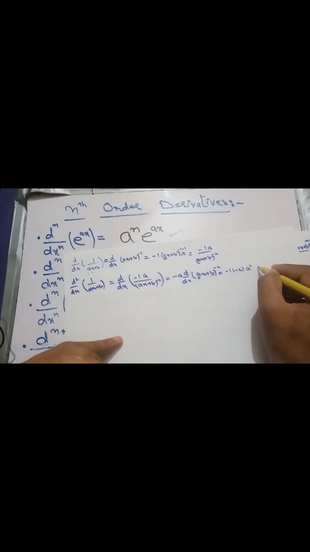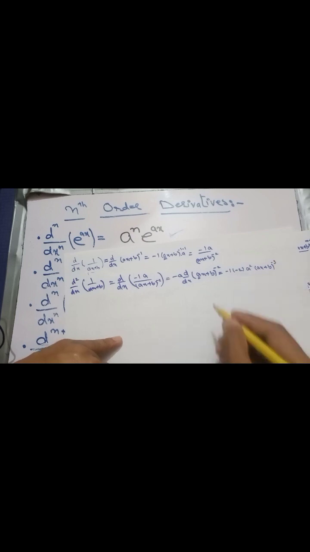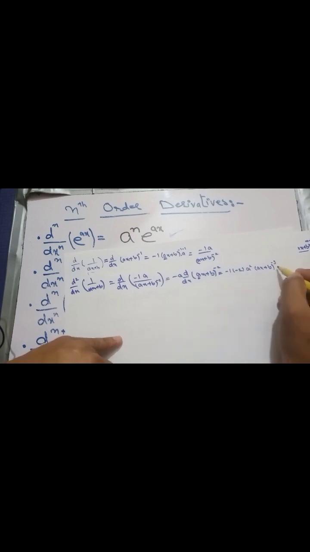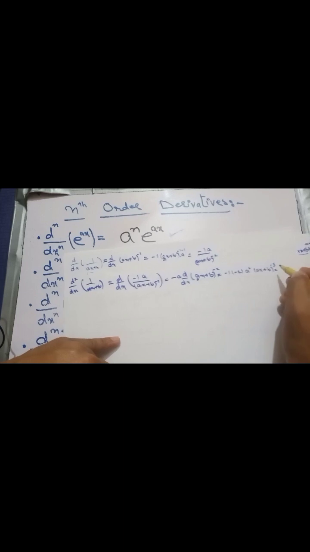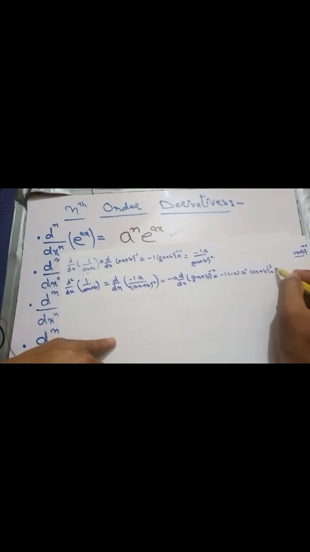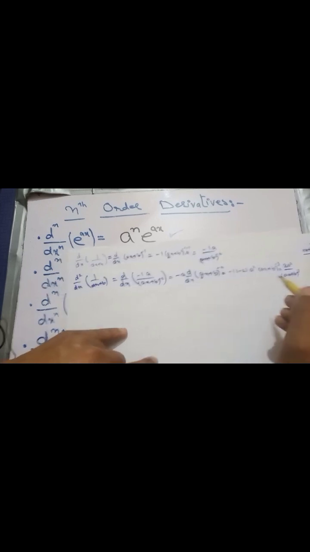After applying the power rule, the third derivative answer will be plus 2a square over (ax plus b) power 3.